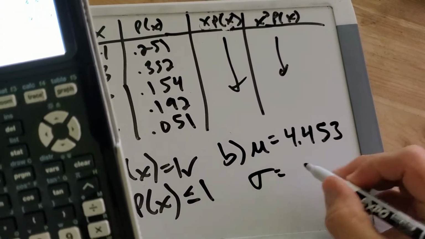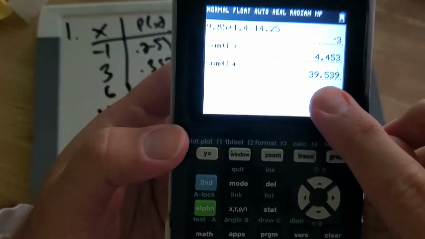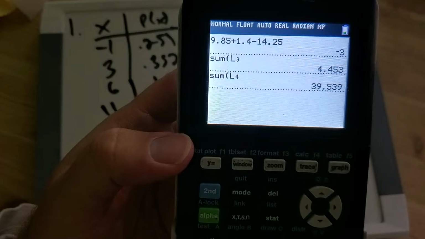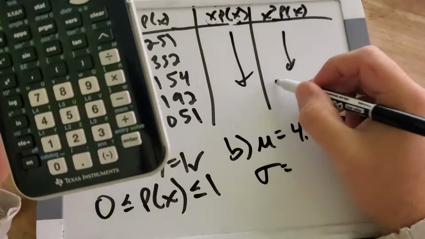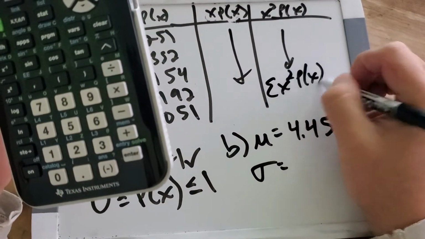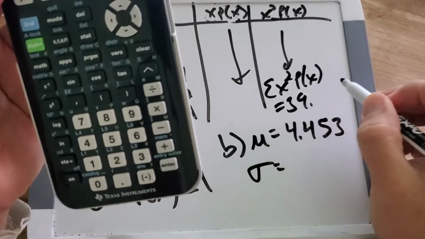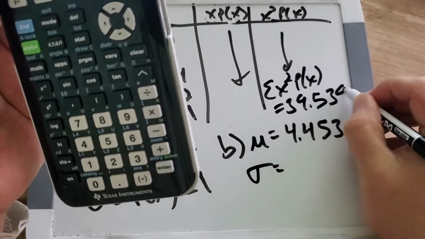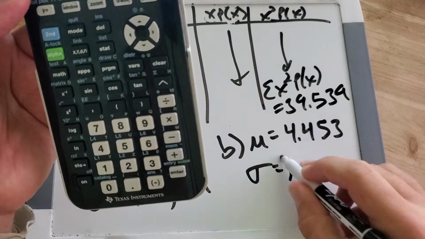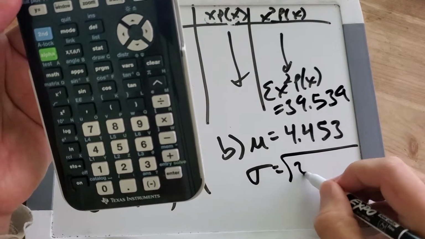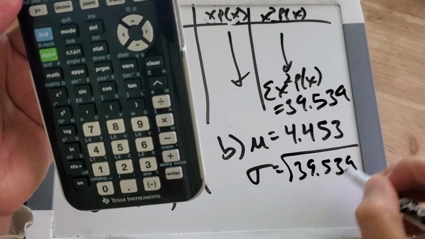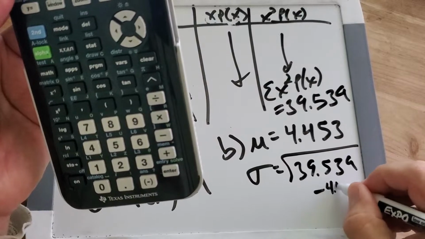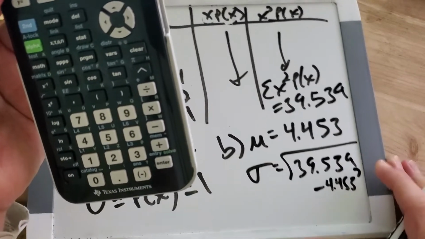And the standard deviation is going to be dependent on this guy in part, 39.539. That's the sum of x squared p of x. So that's going to be the square root of that minus the mean squared.